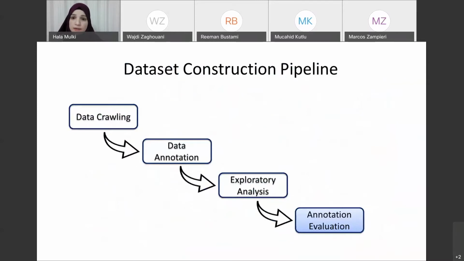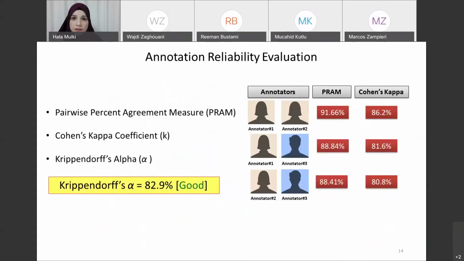Lastly, we provided an evaluation of the judgments provided by our annotators using inter-rater agreement measures. First of all, we used pairwise percentage agreement, which does not take chance agreement into consideration. Then we used Cohen's kappa, which resolves the previous problem, and got those agreement ratios. As we can see here, female annotators achieve higher agreement compared to when they are correlated with male counterparts.